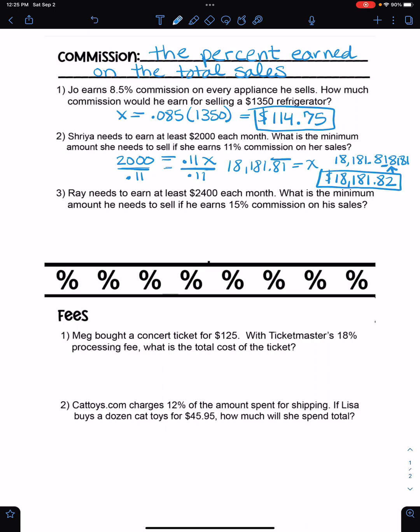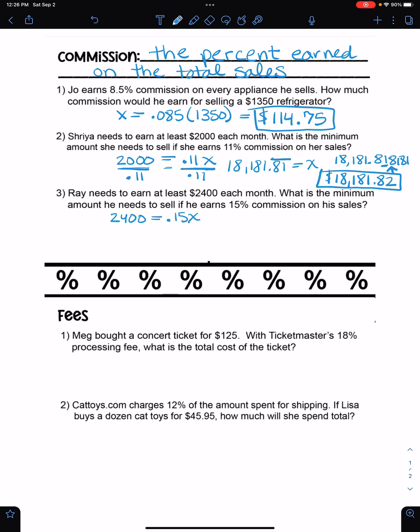Let's try one like that again, because I feel like number 2 was a little bit harder than number 1, just because you had to think outside the box a little bit. Ray needs to earn at least $2,400 each month. What is the minimum amount he needs to sell if he earns 15% commission? So he needs to earn a commission of $2,400, and that's going to be 15% of his sales.